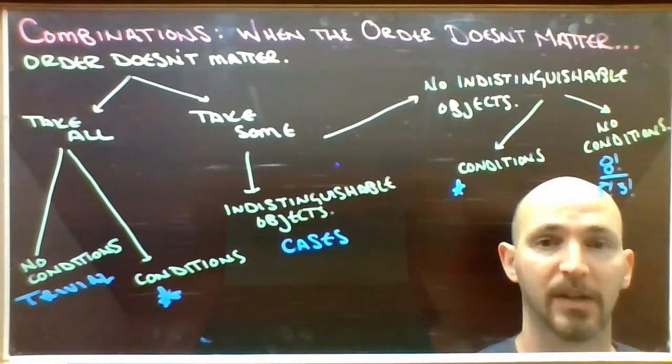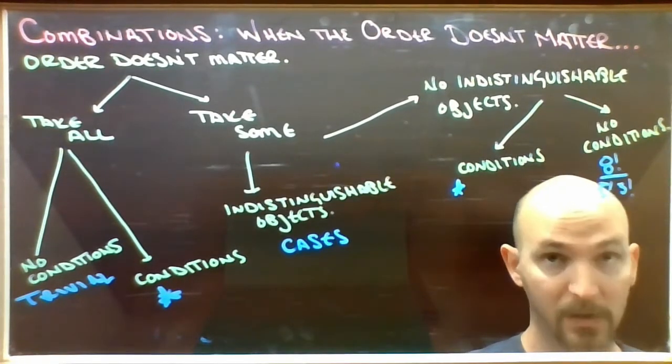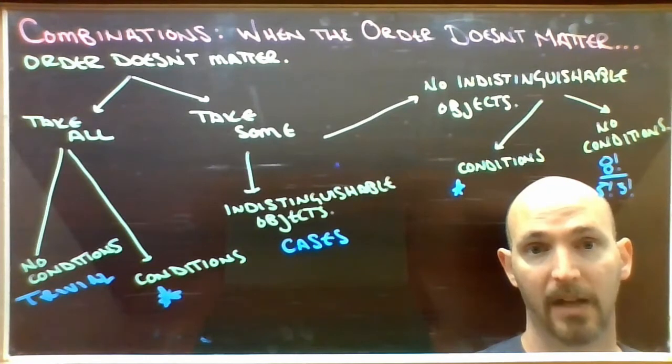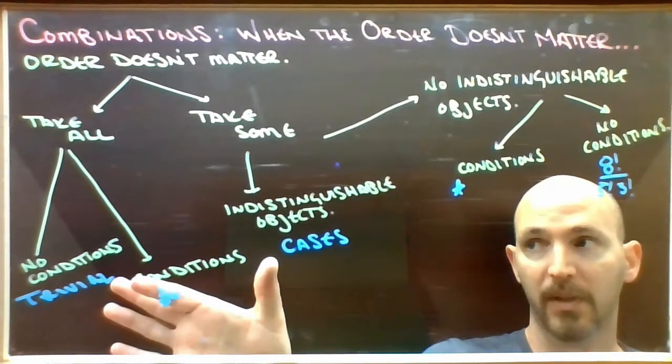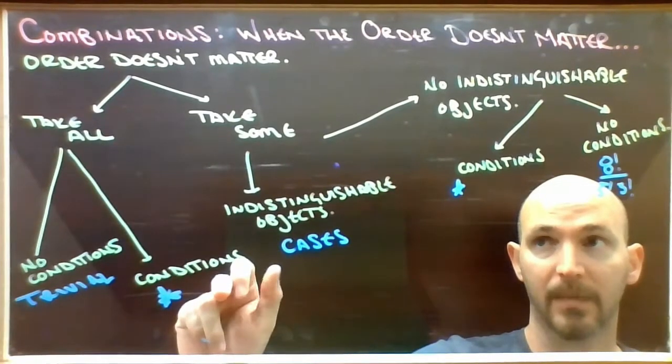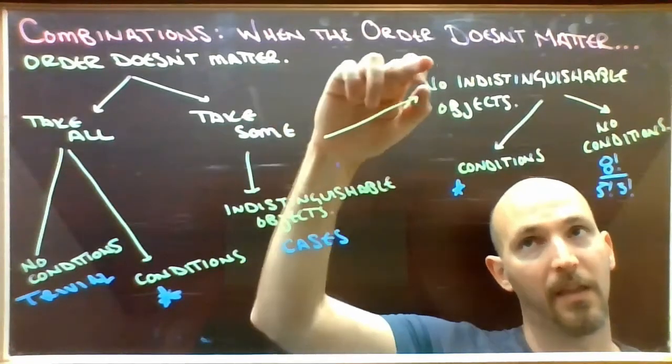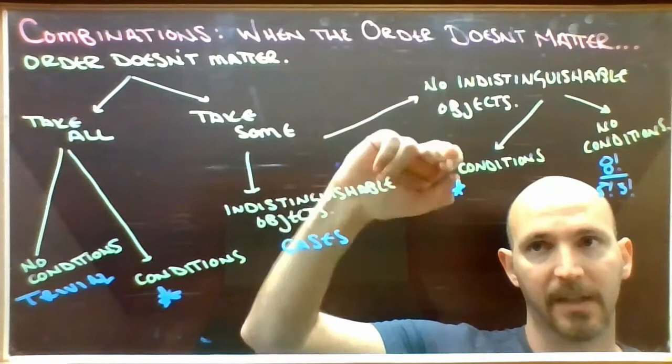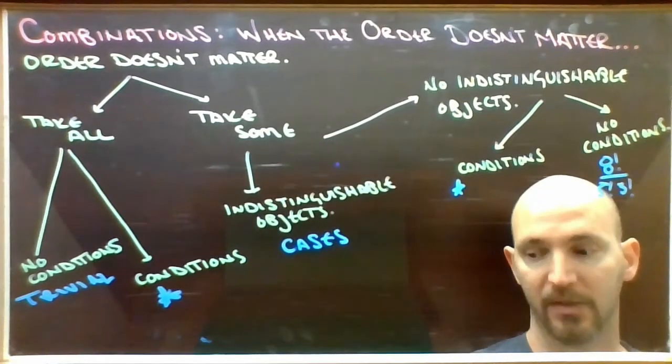We haven't done a question like this. So I'm going to erase this tree diagram, and we're going to do an example like this one, where I am taking all the objects, but there's a condition. And an example where there are no indistinguishable objects, and I have to meet some type of condition.